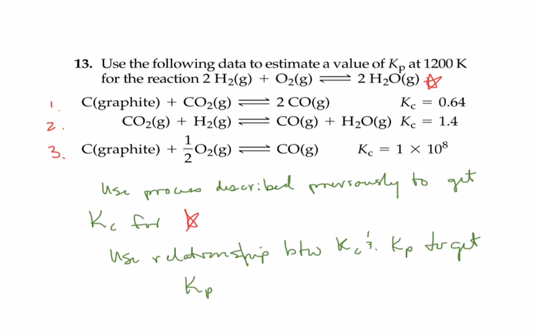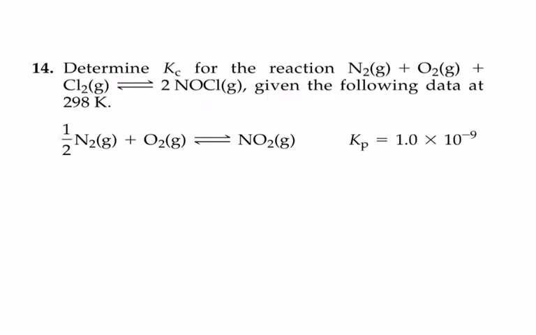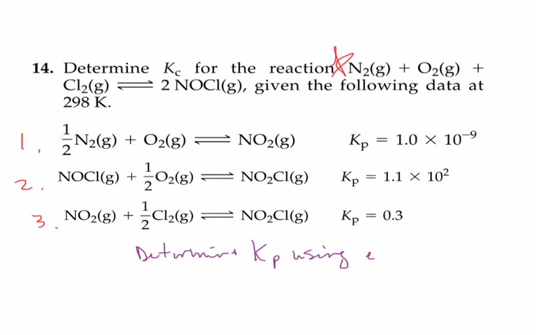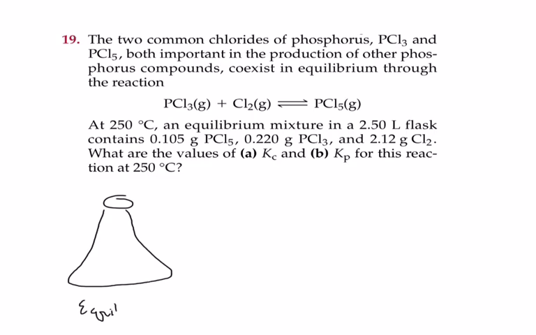So I would come up with the Kc value and then use that relationship between Kp and Kc. For this one, let's see, determine the Kc, but you're given Kp's. So what I would do is come up with the Kp of the reaction of interest, and then go to Kc from there.